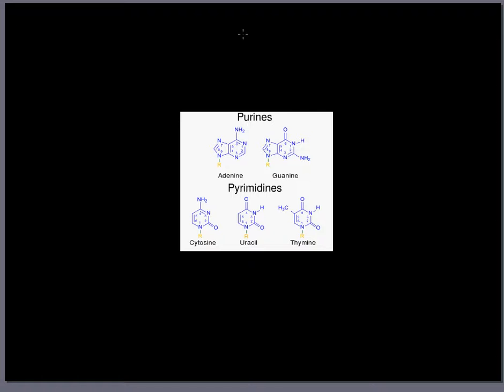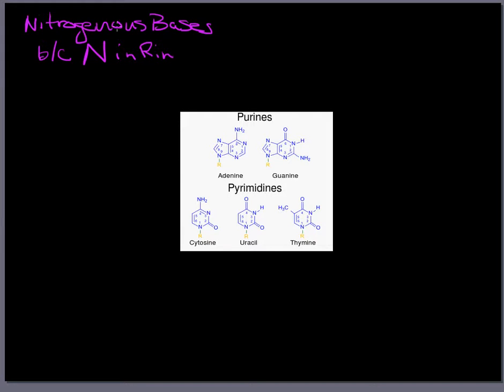They get their name nitrogen base or nitrogenous bases because there's nitrogen in the ring. Notice that the rings here, yeah, they have carbons in them. There's a carbon here, here, here, over here, and over here. But there's also nitrogen embedded in those rings. So that's how they get their nitrogenous base name.